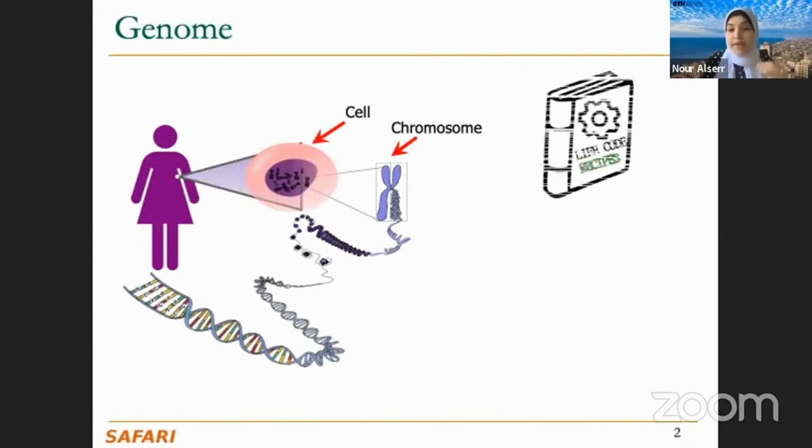We can consider it as the ingredient list, the recipe for making every living thing. These recipes are uniquely yours. You can consider it as the invisible signature for you. This signature is written in 4 letters, A, C, G, and T. And when we say genome, it is the fancy word for the entire collection of the DNA.